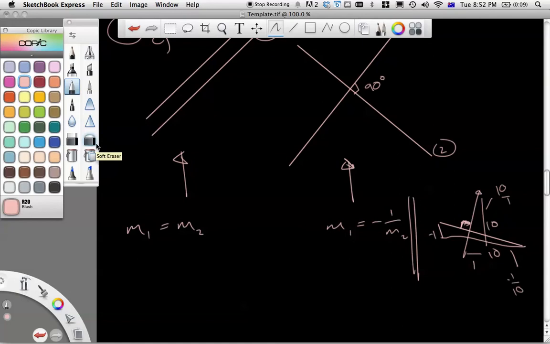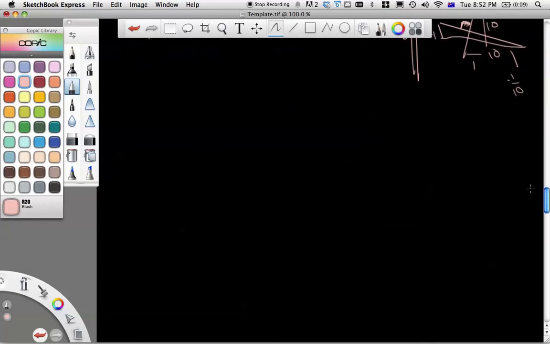So what about if we do an example? Let's come back to our first equation again.